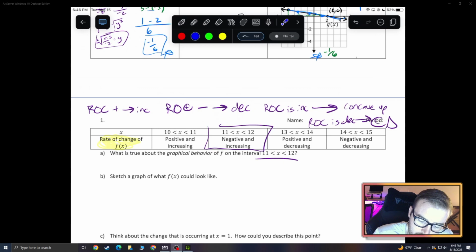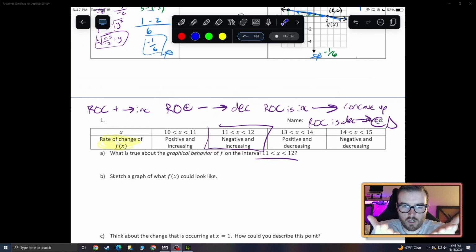So really, I encourage you again to pause and look at what I'm saying. If the rate of change is a positive value, if you look at the rate of change at t equals 11.5, and that number is positive, that means the function... The rate of change and the function that we are discussing, f, are two different things.